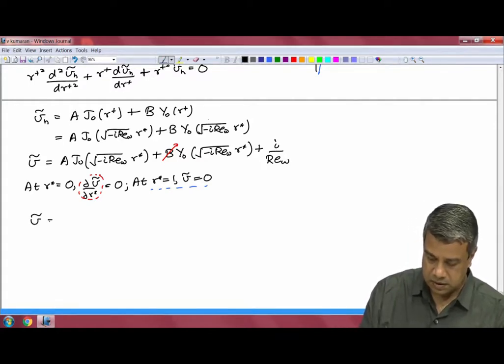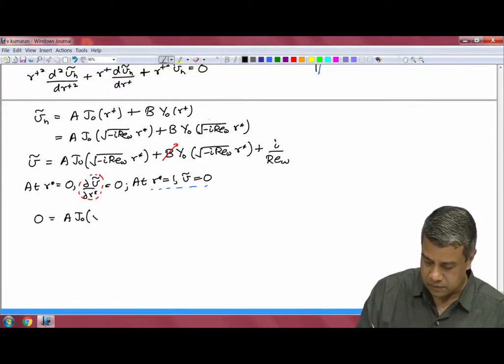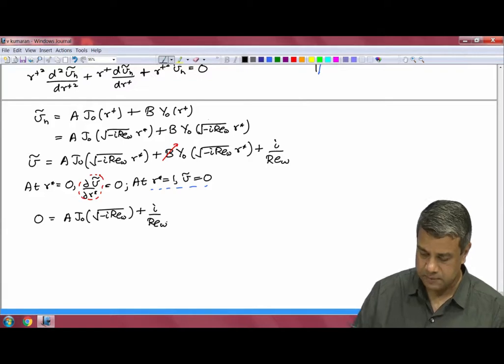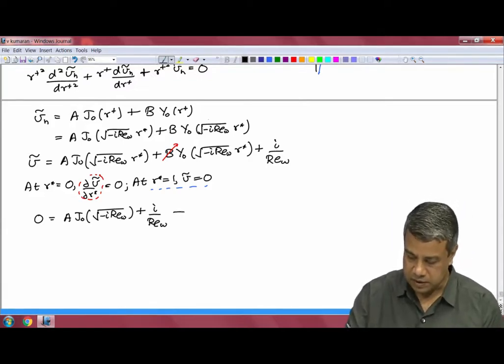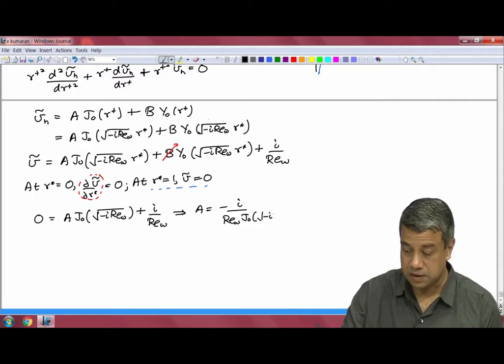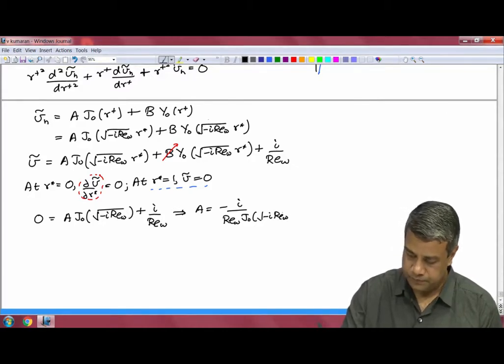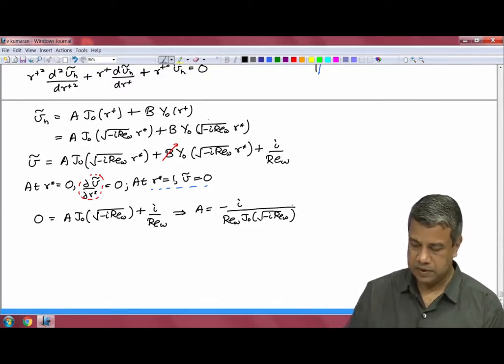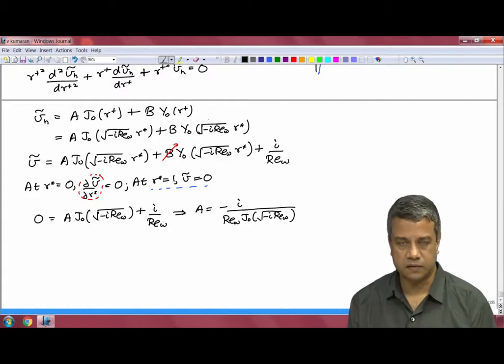So, I require that 0 is equal to A j naught of root of minus I r e omega, plus I by r e omega, which will give you that A is equal to minus I by r e omega times j naught, the value at r star equal to 1, which is minus 1. That is the value of the coefficient A.